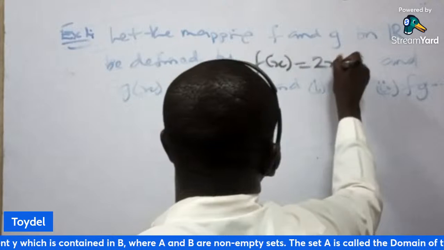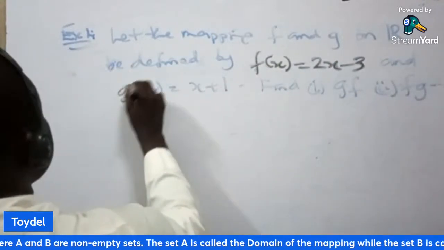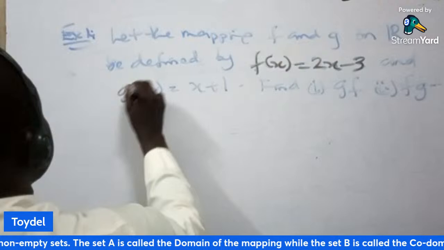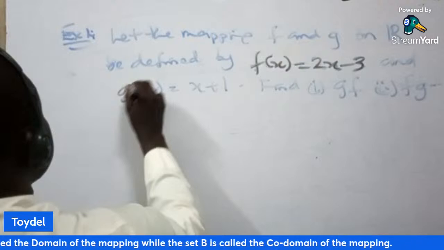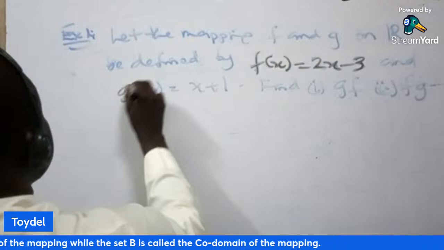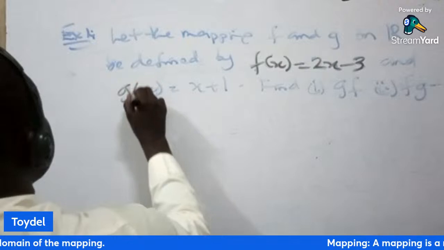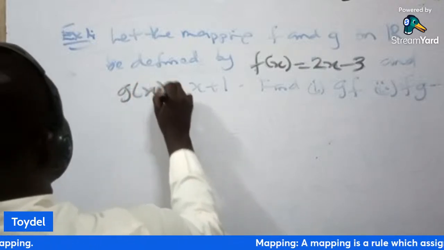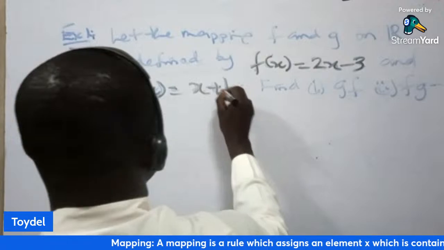F of X is equal to 2X minus 3, and G of X is defined as X plus 1.